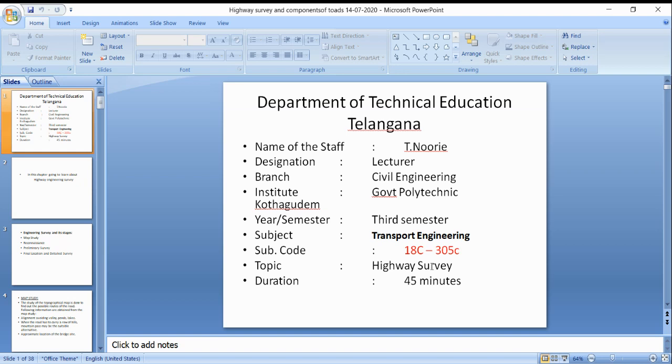When the alignment should pass through an intermediate point, it can also change the shortest route. Whenever the alignment passes through a level crossing of a railway line, it is necessary to deviate the alignment from the right position of the level crossing.